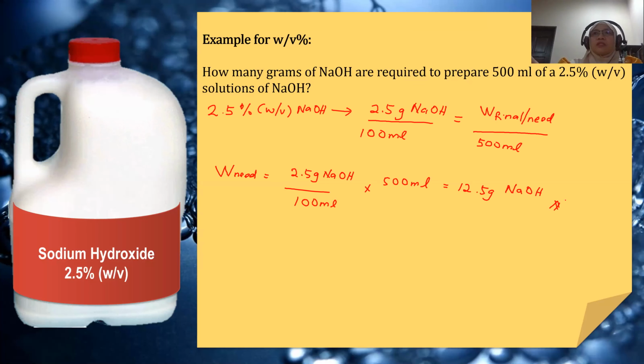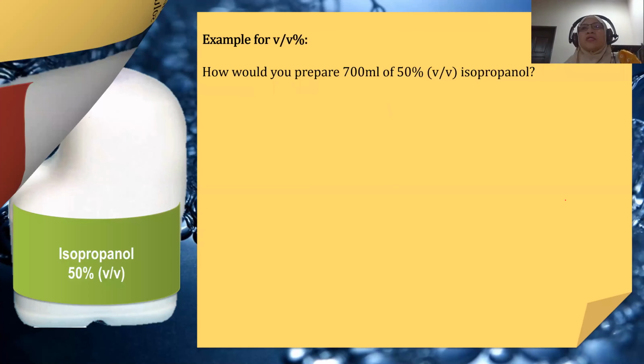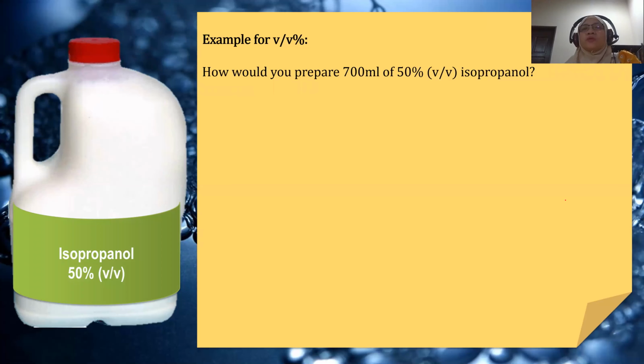So now let's look at the next example, where it is using volume per volume percent. The question is, how would you prepare 700 ml of 50% volume per volume isopropanol? So let's define the concentration. This chemical has a solution percent of 50% volume per volume.